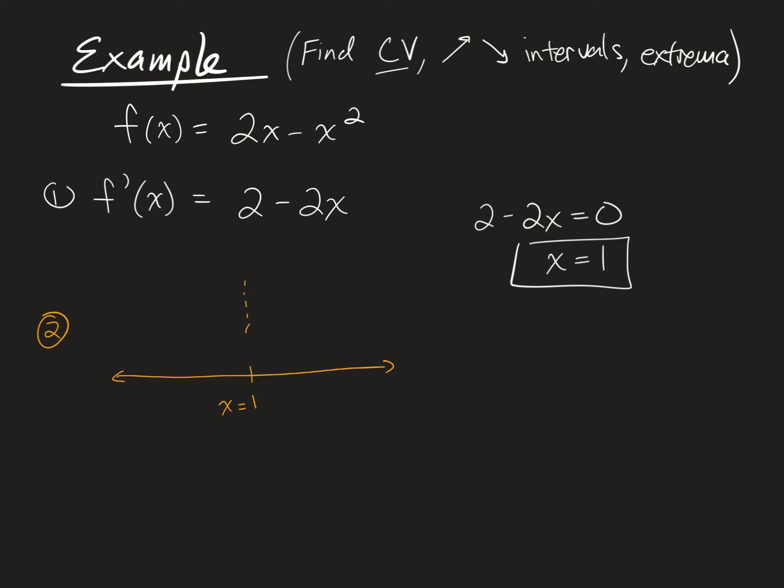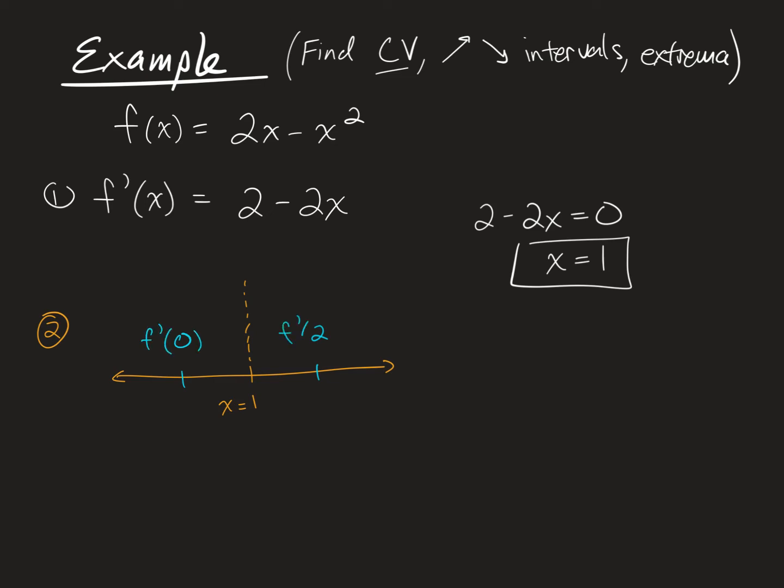I'm going to draw a little dashed line like this to hopefully remember that I need to pick two test values because there's one interval to the left of this critical value and one interval to the right of this critical value. So you just have to make sure you're picking test values in the correct interval. And if you can, you want to pick 0.